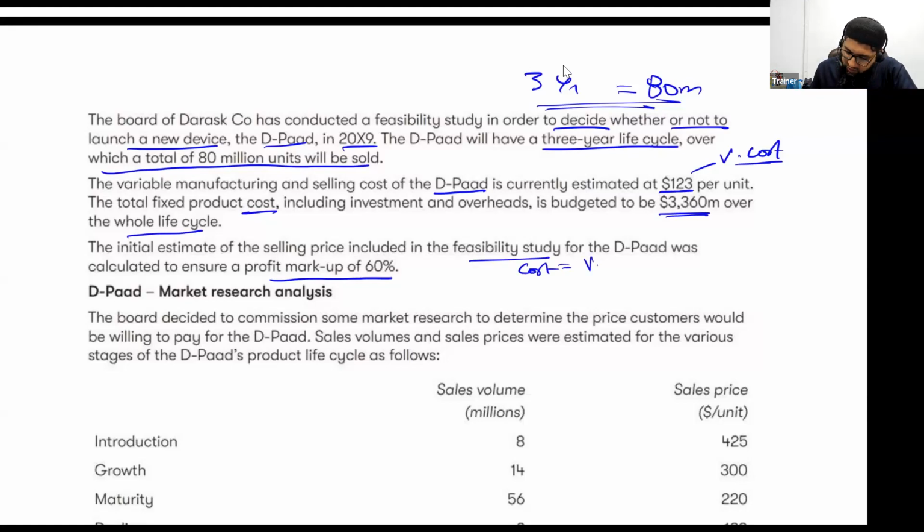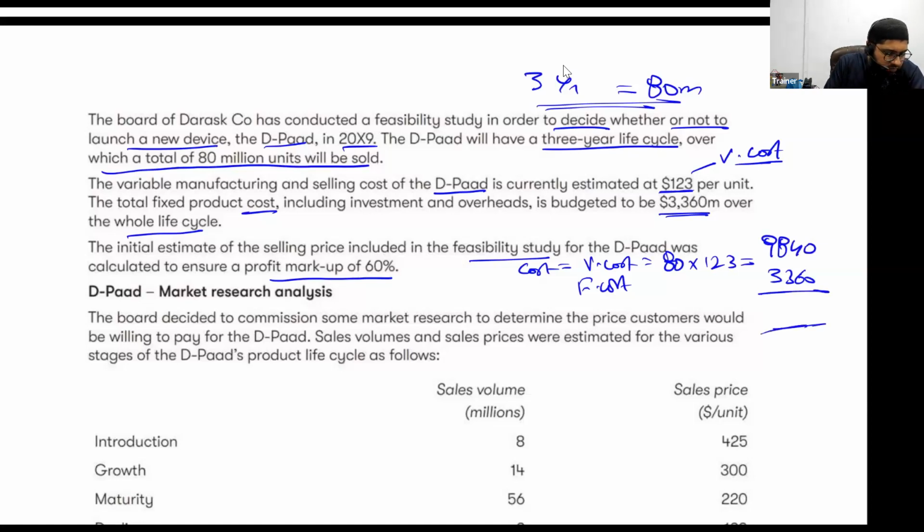the total cost is variable cost plus fixed cost. 80 into 123 gives you 9840 million. The total cost gives you 13,200. Now, what are we trying to estimate?